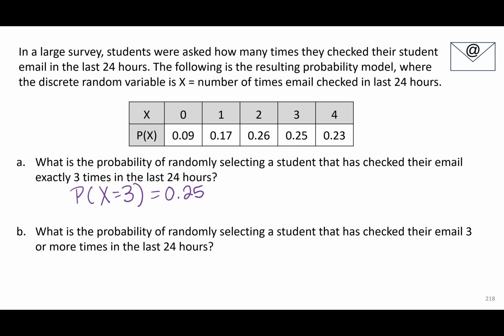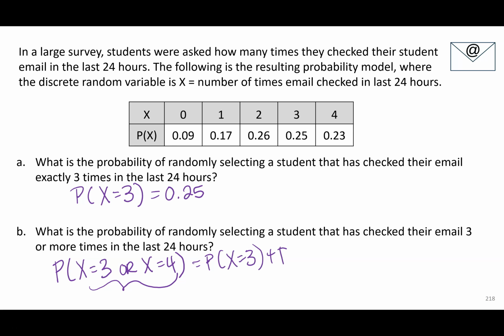So B, what is the probability of randomly selecting a student that has checked their email 3 or more times? So probability X is 3 or X is 4, because 3 or more times includes 3 and it includes more. The probability X is equal to 3 plus the probability X is equal to 4.